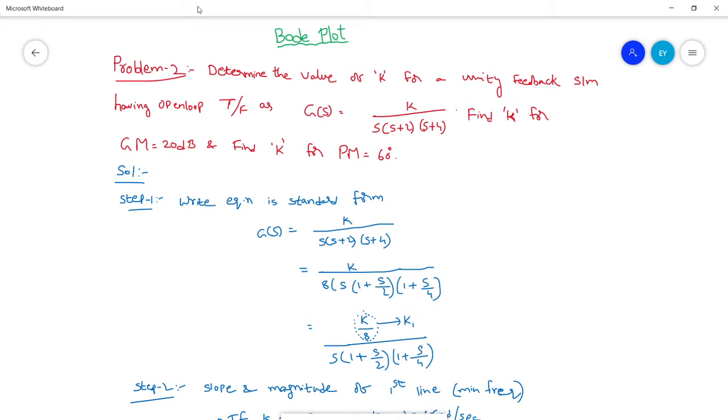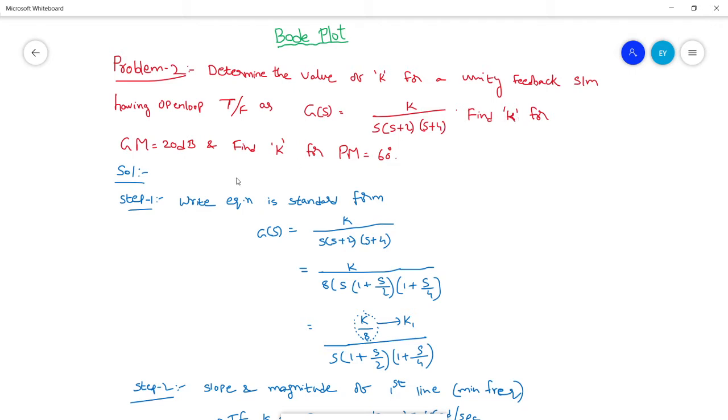In this class, we'll be discussing another numerical problem which is a bit different from the first numerical problem that we solved in the previous class. It asks us to determine the value of k for a unity feedback system having open loop transfer function G(s) given as k by s into (s plus 2) into (s plus 4).